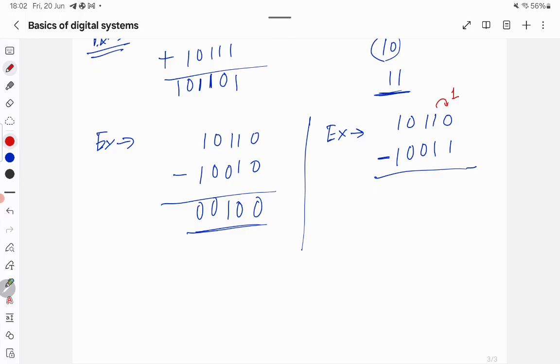Since 1 is carried from the tens place to the ones place, 1 minus 1 will be 0, but this place is now 0, so 0 minus 1 cannot happen, so it will carry one more 1. So 1 minus 1 will be 0. This place is 0, so 0 minus 0 is 0. This one will be 0 and 0 will be 0.